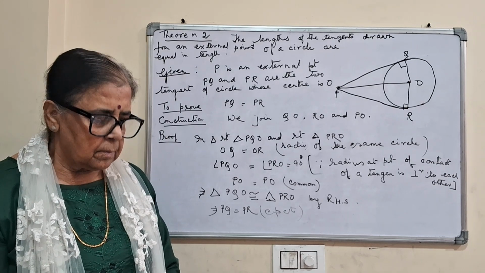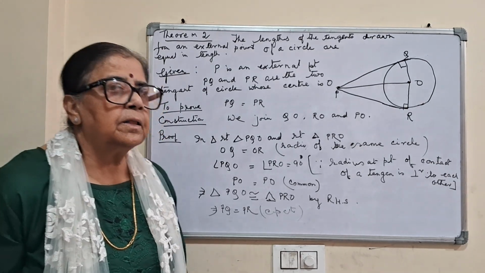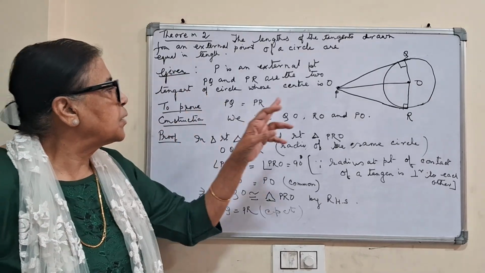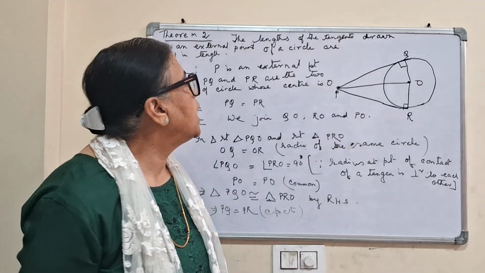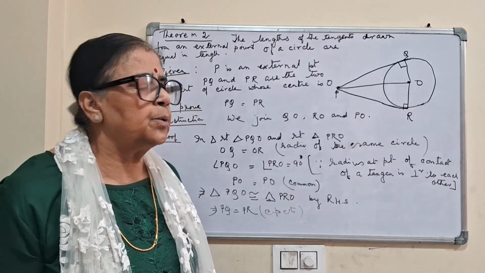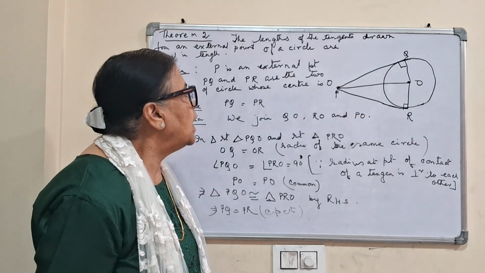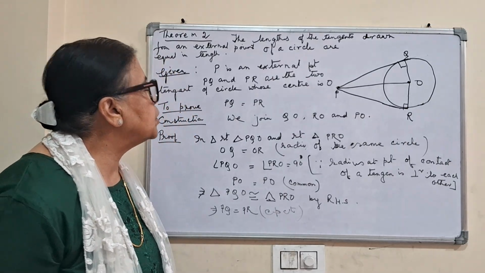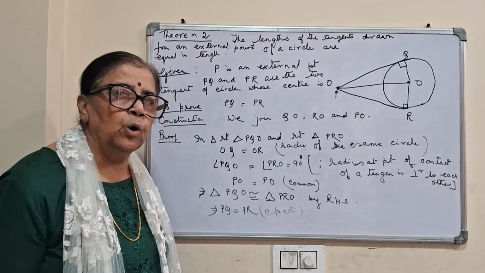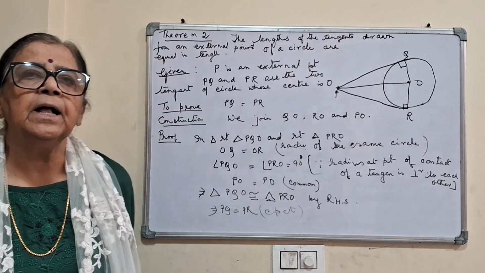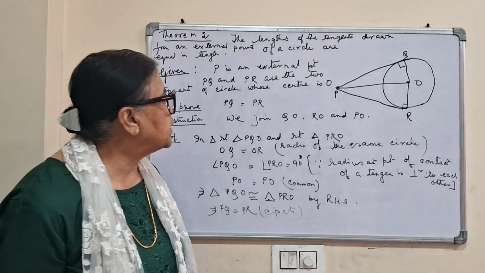Now again, I explain: the theorem says that when two tangents are drawn from an external point, they are equal in length. Construction: we join OQ, OR and PO. There are two triangles, PQO and PRO.